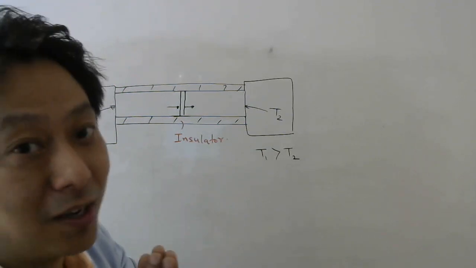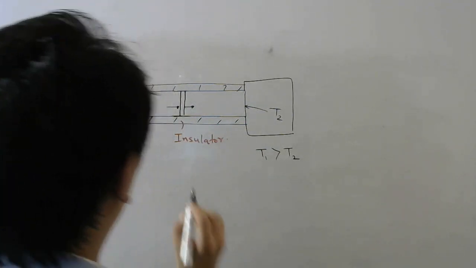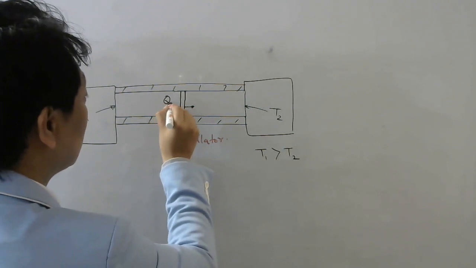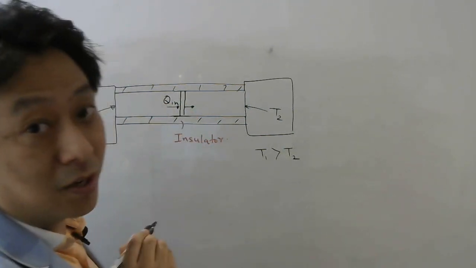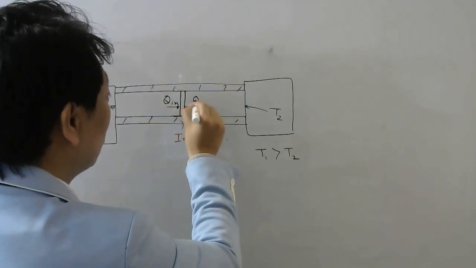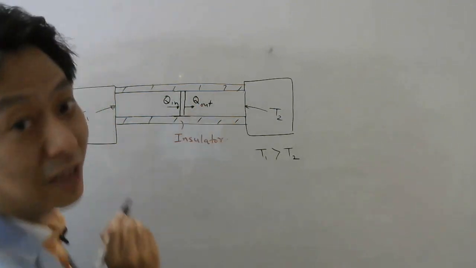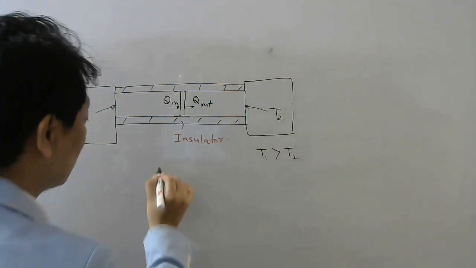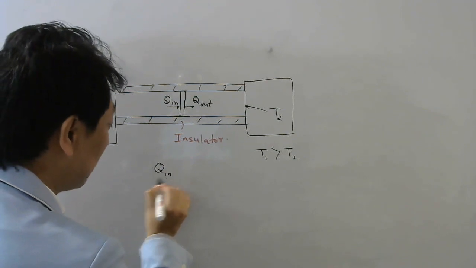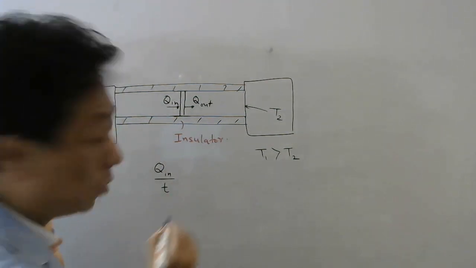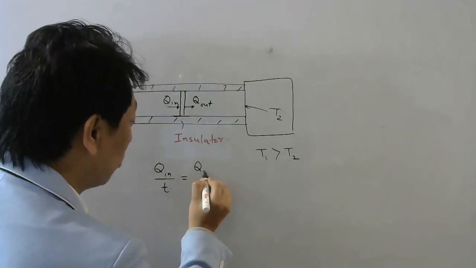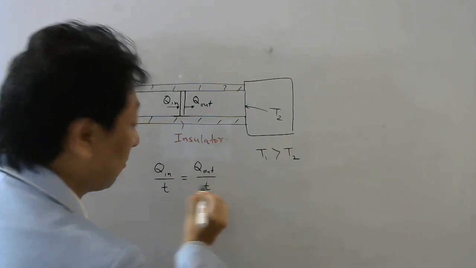However, as you keep waiting, a time will come when whatever heat comes in per unit time, same heat will go out per unit time. So what will happen after some time? The heat coming in per unit time will equal the heat going out per unit time.